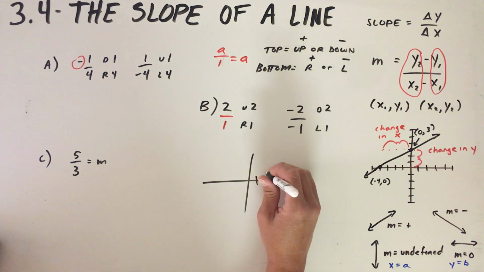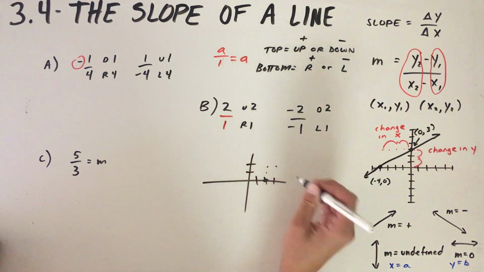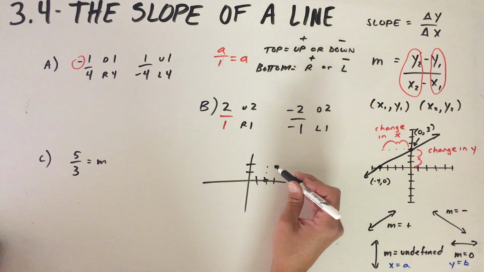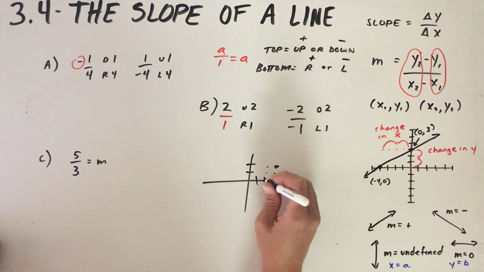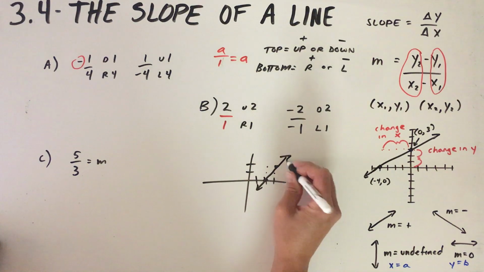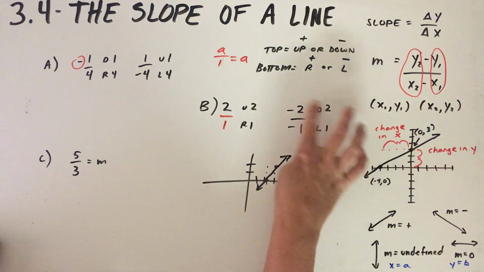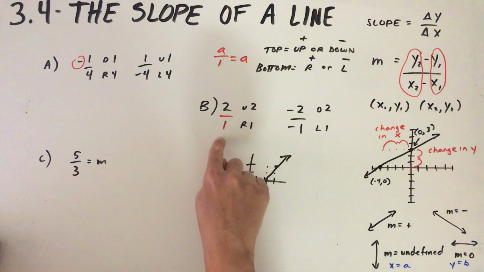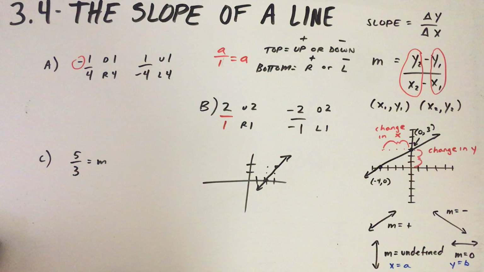To go up 2 and right 1 is the same as if I started at this point and I went down 1, 2 and back or left 1. So it wouldn't matter how I interpret this slope. But again, if it's positive, it's way easier to just think positive, but this is the same thing as this, but I wouldn't think too much about that.